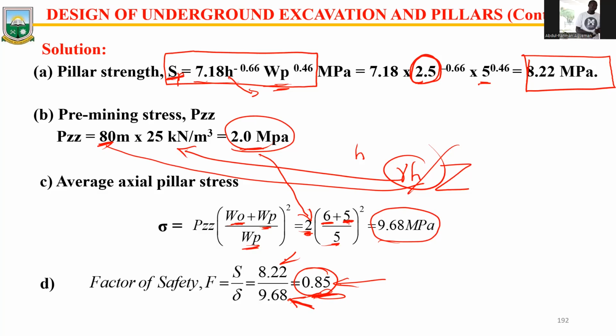Why? I think the minimum requirement is 1.3, where we are getting 0.85. Good. So we're short. We expect a factor of safety per his theory to be 1.3, but we have 0.85. So it means it won't work.